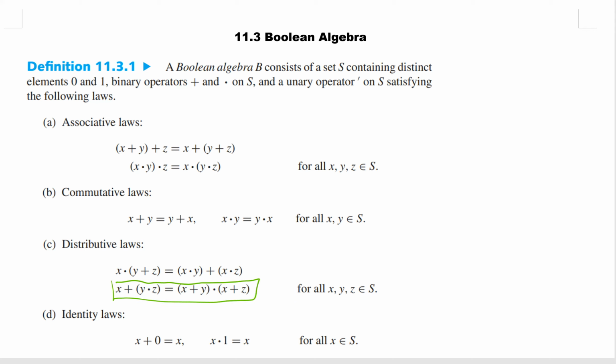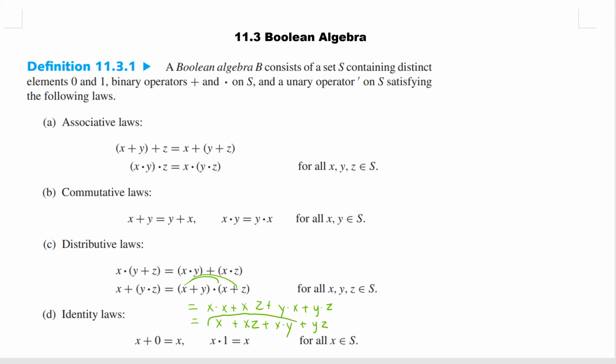Then you can think of what this is. You can try to use the distributive law on the right-hand side. This is like x times x plus x times z plus y times x plus y times z, right? And if you think about intersection, x intersect x is x. Then you have x intersect z, x intersect y, and y z.